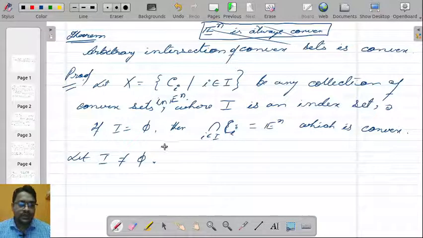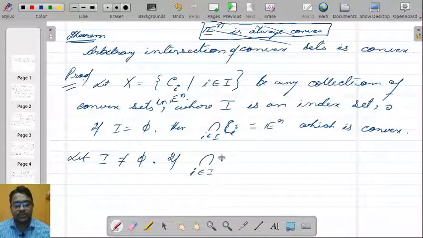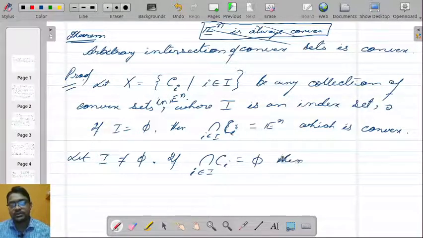Then we take the intersection of these convex sets. It may happen that the intersection is also phi. If the intersection of Ci is equal to phi, then it is convex, so the empty set is a convex set.